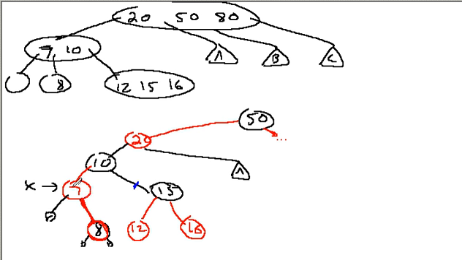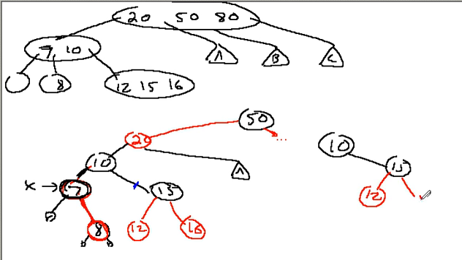We continue on upwards, but now x is red. Now we simply make that black. So what we really have with this subtree now, to kind of draw that again, we say, okay, this hasn't changed. We still have 15, 12, and 16. And we say, okay, 7 is black, 8 was turned red, and that's what we have here.